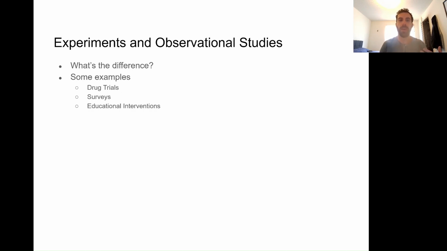Surveys, on the other hand, fall into an observational study because you're collecting data, and it can be somewhat intensive to collect that data, but you're not actually applying any experiment to generate that data, right? The data already exists. It's just a matter of you gathering it.